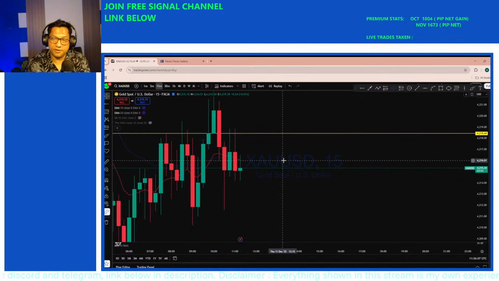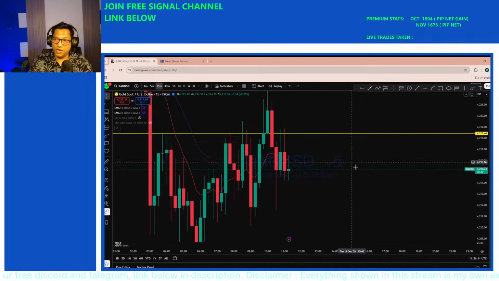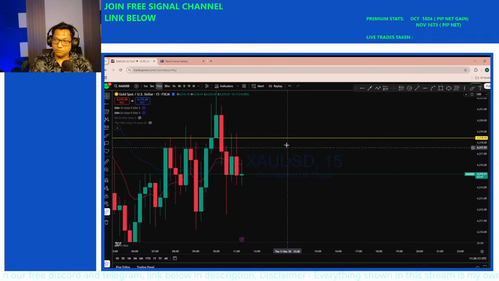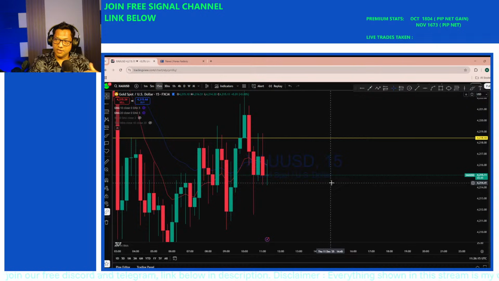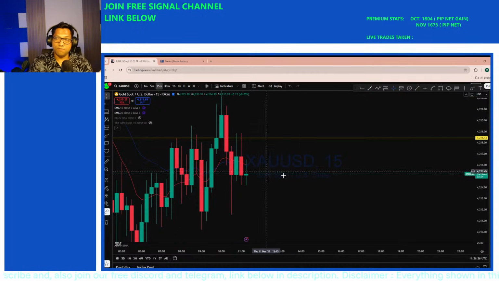Now here, guys, we had an earlier trade in this market. In this area from the 15 minutes, if we look, there are two significant bearish engulfers, right?